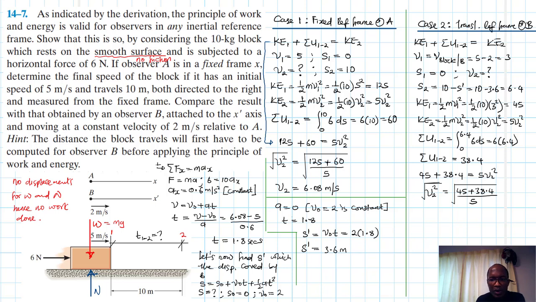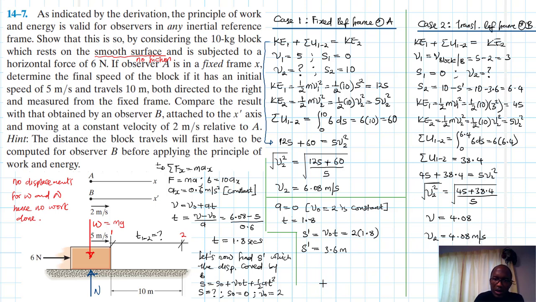Once we do so, we'll have the square root of (45 plus 38.4) divided by 5, and then we get V is equal to 4.08. Therefore, V2 is just equal to 4.08 meters per second.